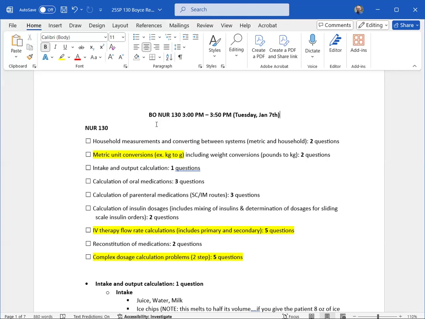So the first thing you need to remember or recall if you don't know already is that this test is next week. It's 25 questions. You have an hour to complete it and you can only miss two. If you miss three or more, then you need to remediate. You may need to remediate with me or some other nursing tutor.